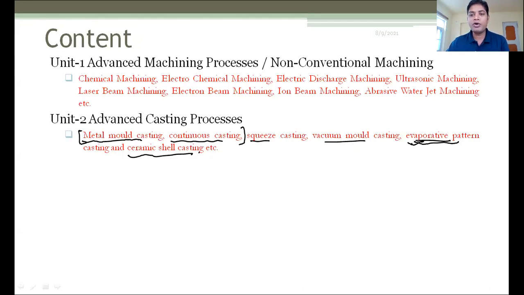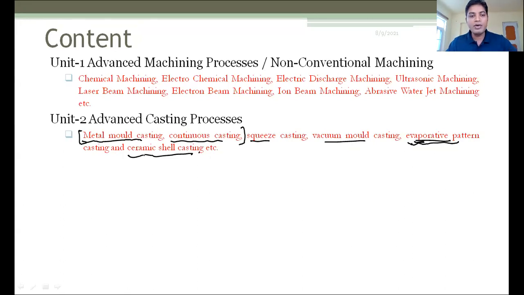Here we use an evaporative pattern, so here also we can use wax, because when the molten material at very high temperature comes in contact with the wax, it will not only melt but evaporate, because of the very high temperature.